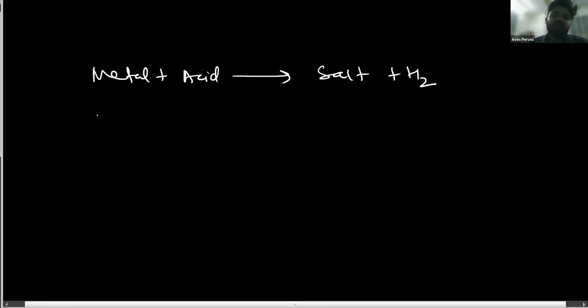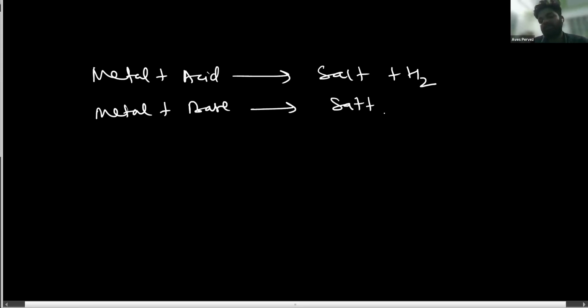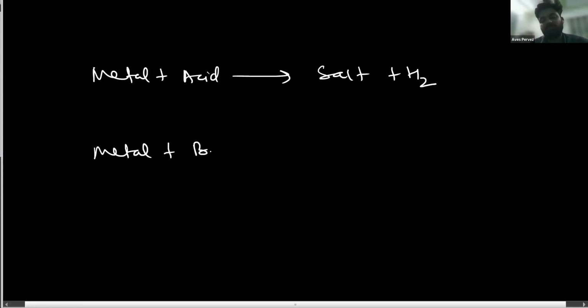Similarly, metals when they react with bases form salt plus hydrogen gas.